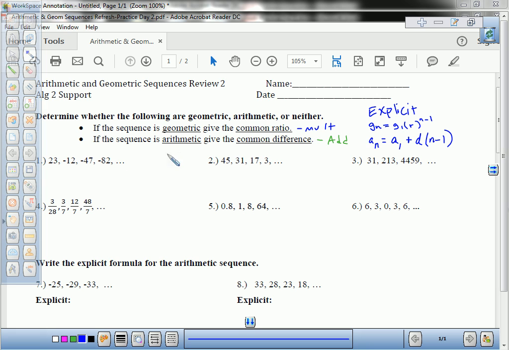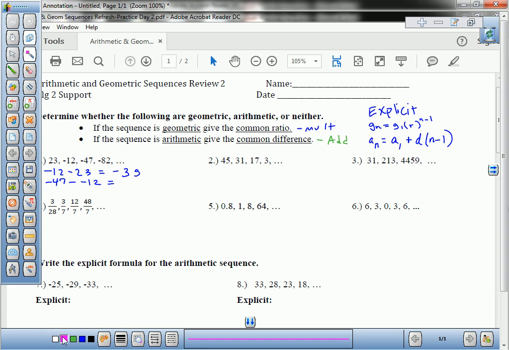Now, if you can't see, you can always take a term and subtract the one before it. And when we do that, I get negative 35. If I take a term and subtract the one before it, what happens to minus and negative? It turns positive, doesn't it?